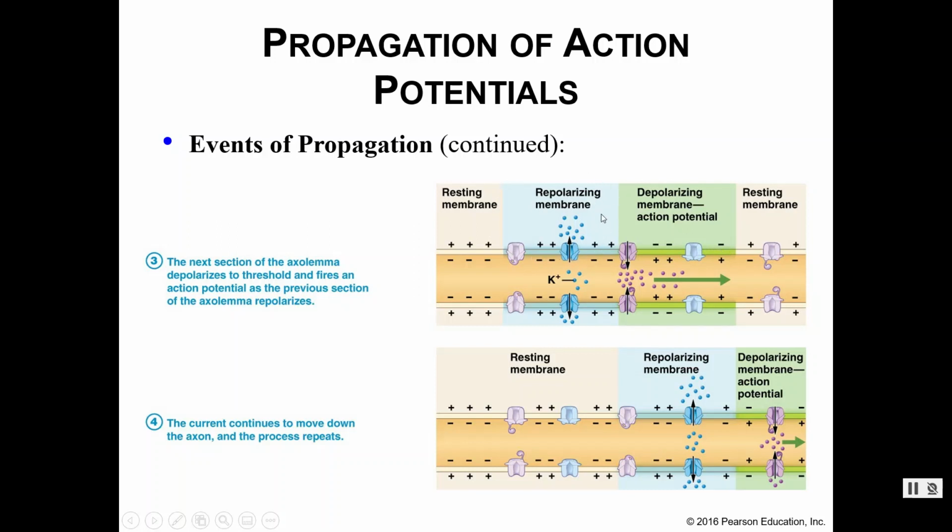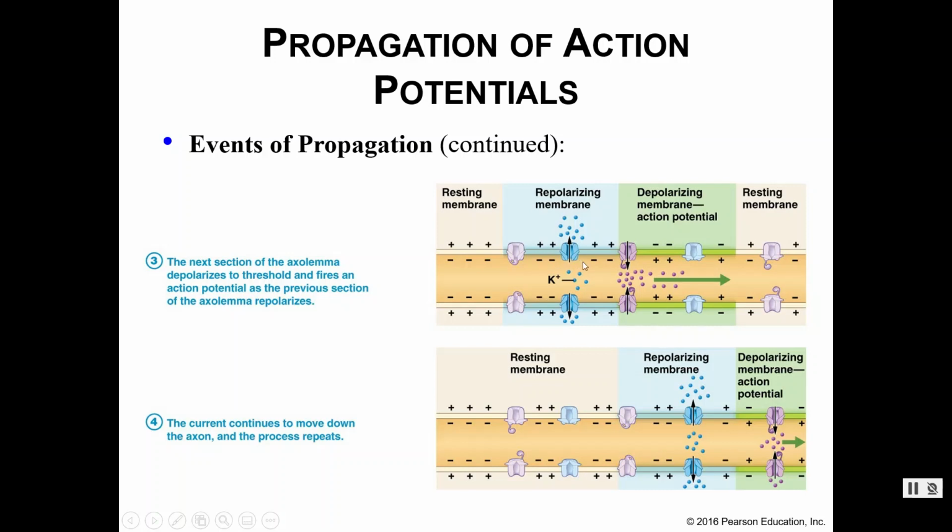It starts repolarizing. You'll notice that we have inactivated this original sodium channel, and we have activated or opened our first potassium channel. So our membrane potential is starting to go back to resting membrane potential.